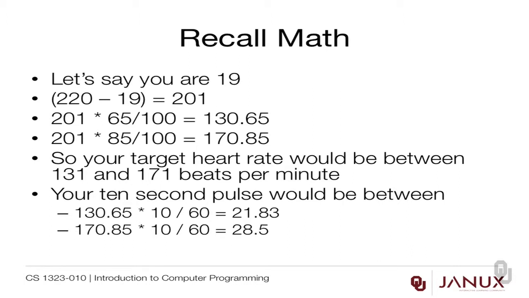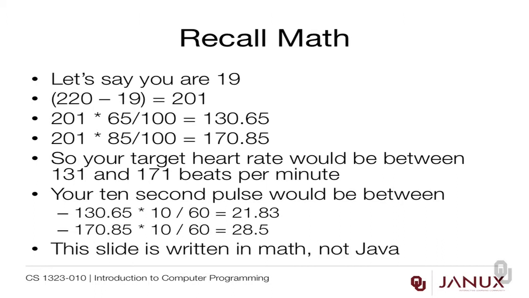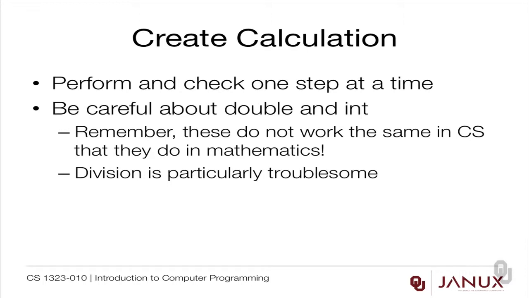This means your 10-second pulse would be between 130.65 times 10 divided by 60, which is 21.83, and 170.85 times 10 divided by 60, which is 28.5. Now remember, this slide is written in math, not Java, so we're not thinking about things like integer division versus double division. Let's create this calculation.